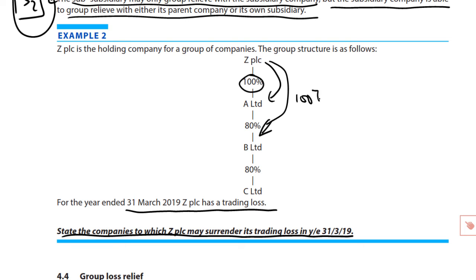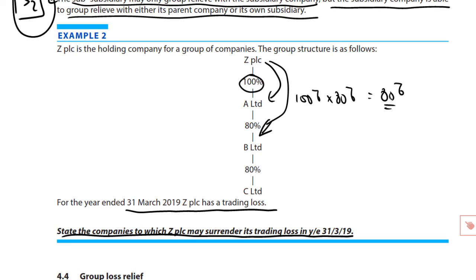Well, 100% of 80% equals 80%. The effective holding is indeed, therefore, effective 80%. That satisfies the 75%. So yes, Z plc can group relieve any part of its loss against the claimant company's profits, company A, company B.